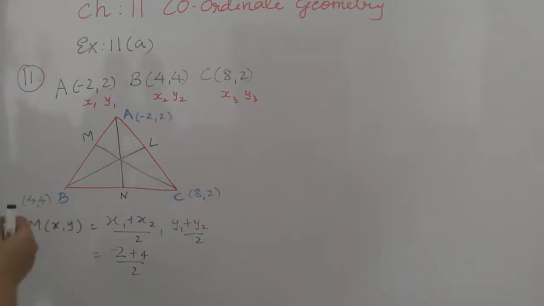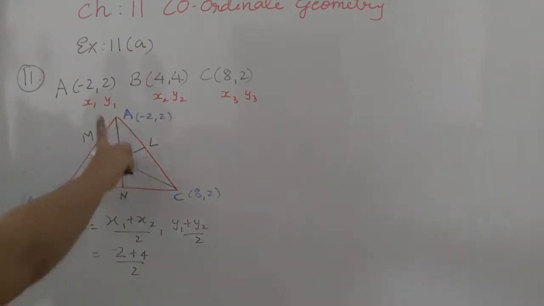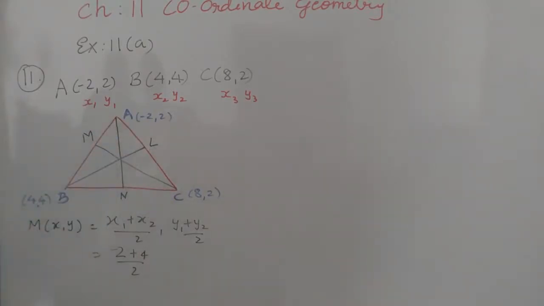Now we have to find the lengths of all three medians. For that, first of all we have to find the coordinates of the midpoints M, N and L. Why? Because a median goes to the midpoint of the side.